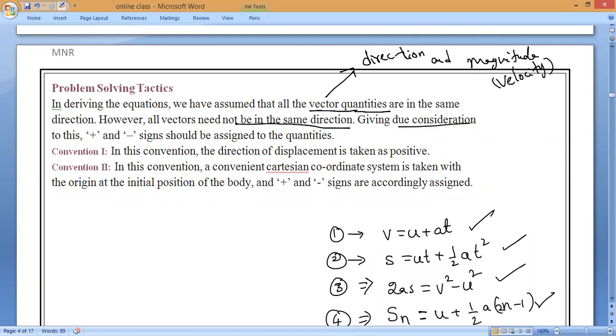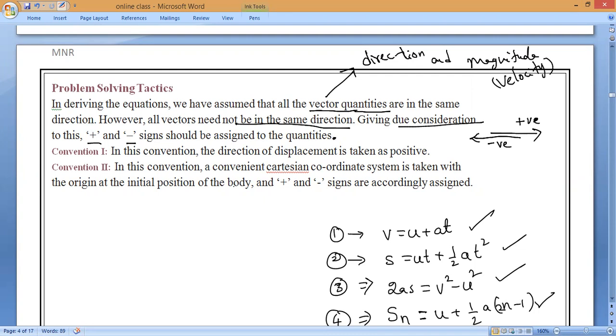Giving due consideration to this, plus and minus signs should be assigned to the quantities. If suppose moving this side, we can say plus. Moving this side, opposite, we can say minus. So like that we can assign plus and minus signs to the quantities. That is the first point.